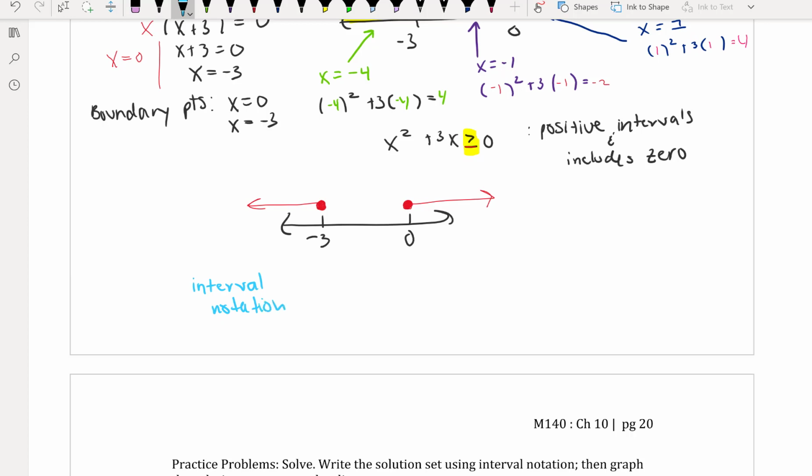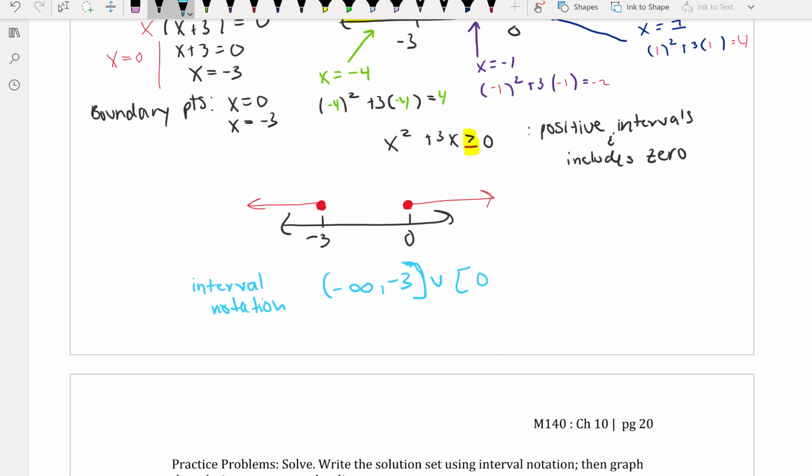So when I write my interval notation, it's going to go from my smallest values to my biggest values. So in this particular case, it looks like I'm going to have 2 intervals. So I'm going to go from -infinity to -3. Union, and I pick up at 0 since it's a closed filled-in circle.